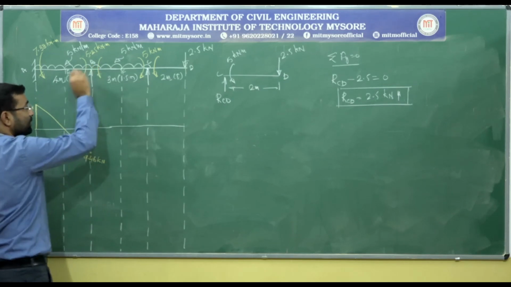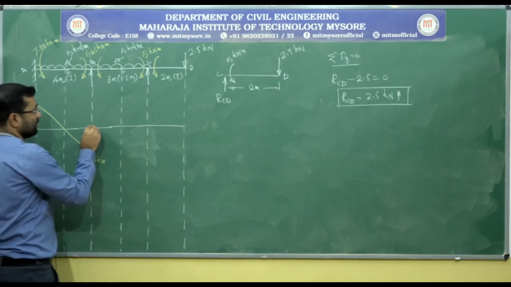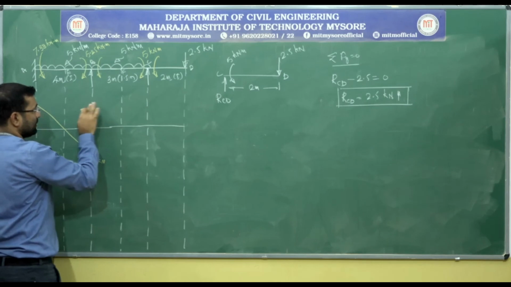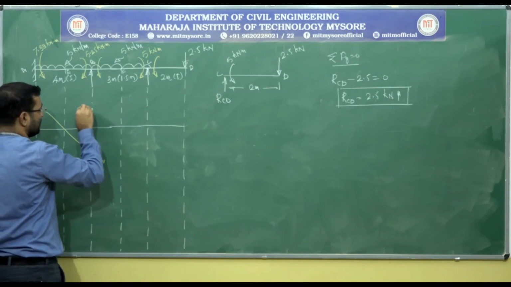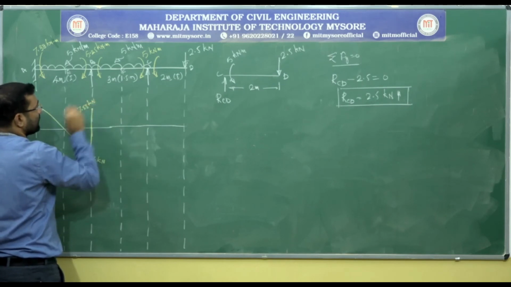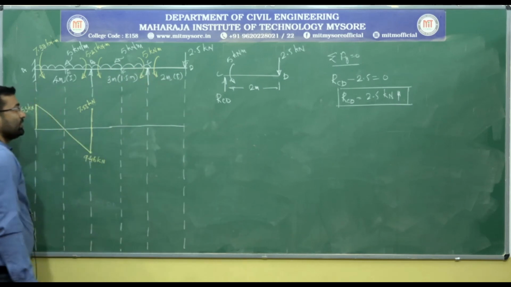At B point we have one more reacting component RBC. As per our calculation, RBC is about 7.58. As it is positive, I have to take the line vertically up, indicating this as 7.58 kilonewtons. Soon after this point, till C we have a UDL.